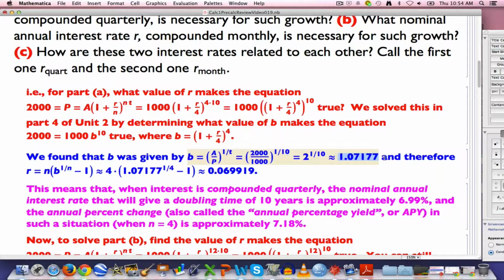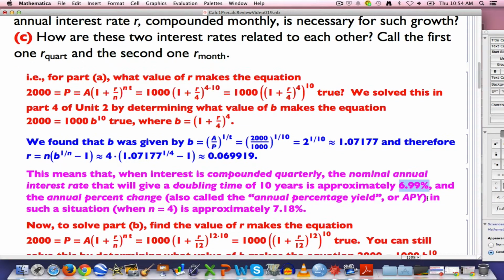B I called the growth factor. It's the amount the money grows by every year. You're compounding 4 times a year. What percent do you grow by every 4 compounding periods? It's about 7.18%. Your money grows faster than 6.99% when you compound more than once a year.